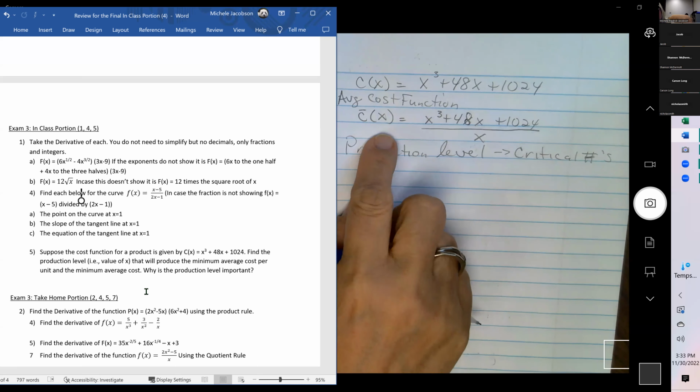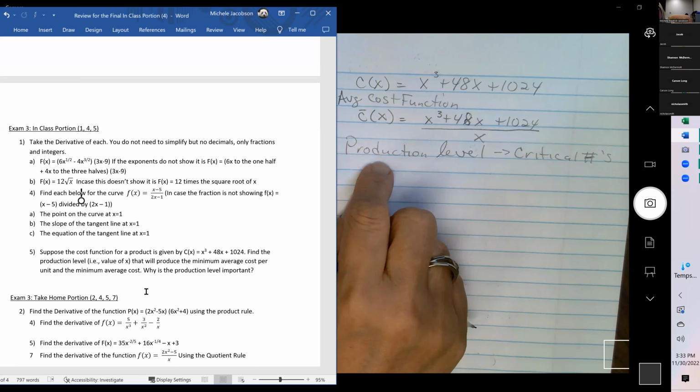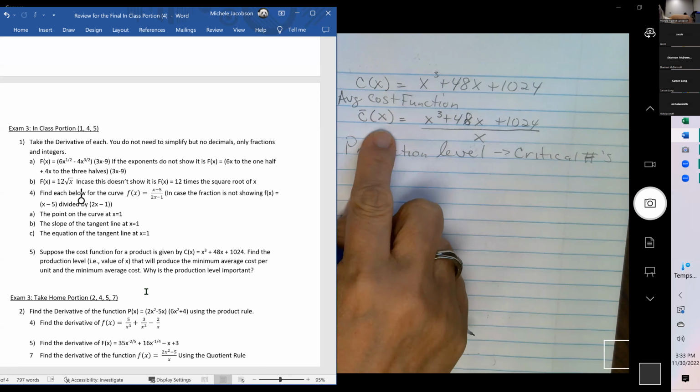So to find critical numbers, take the derivative and set it equal to 0.